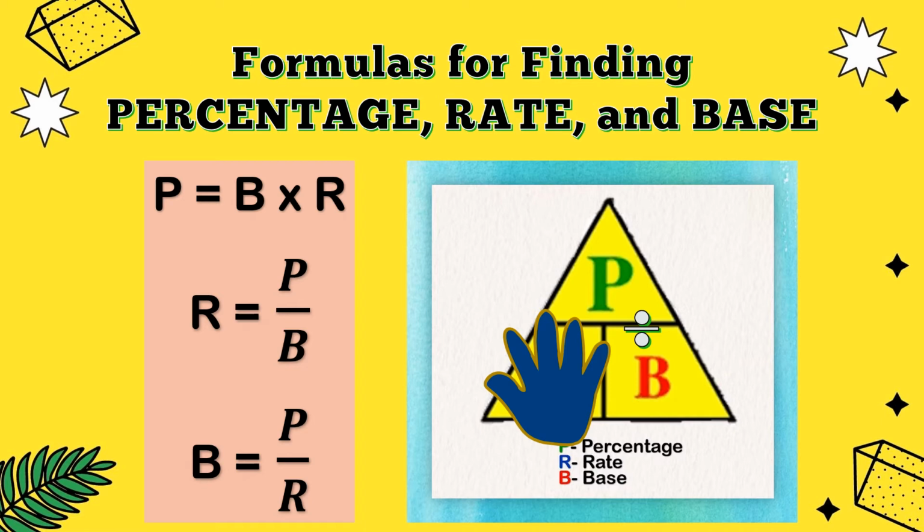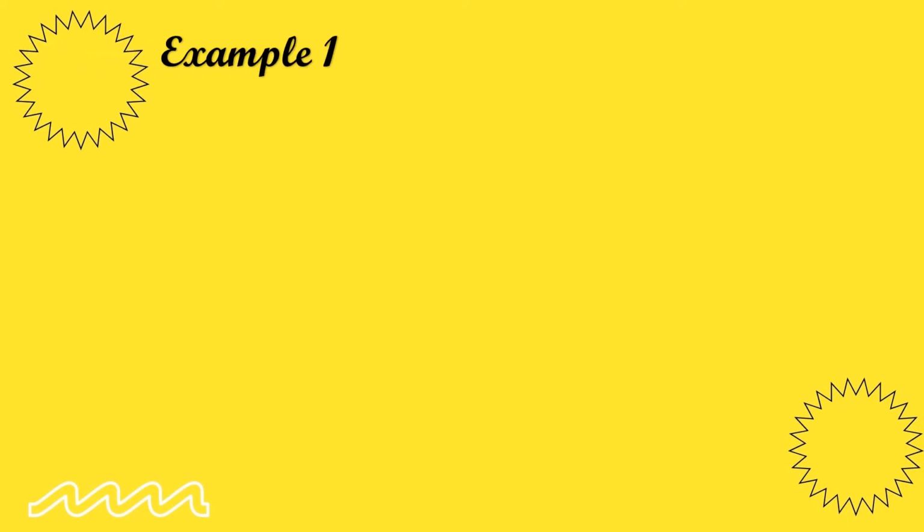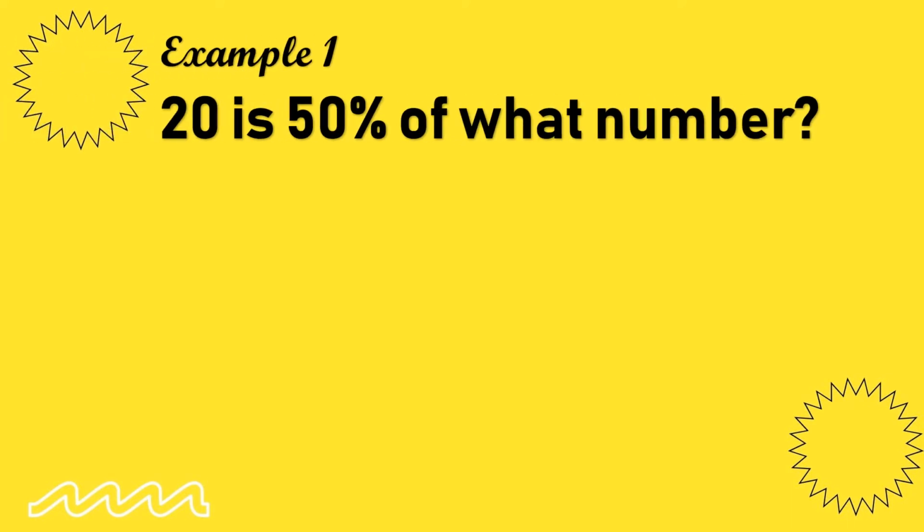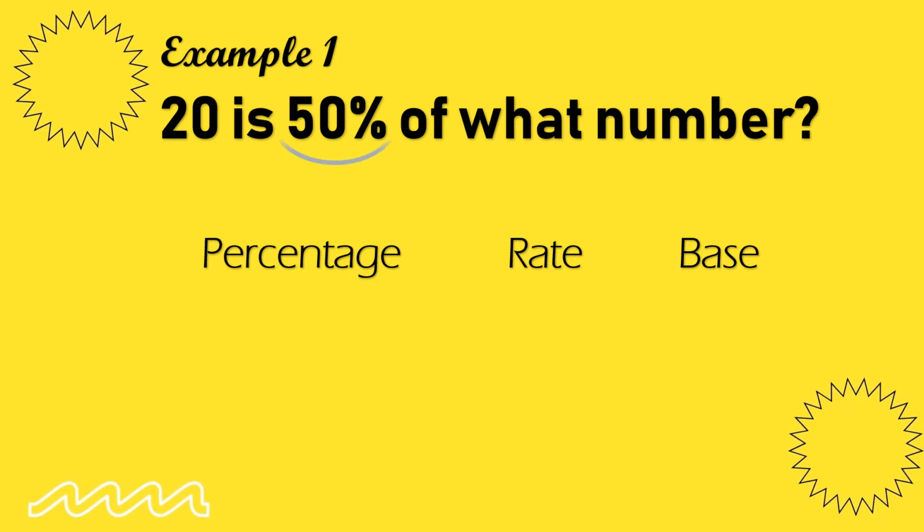Now, to illustrate the formulas, let's have some examples. Example 1. 20 is 50% of what number? The first thing we should do is to identify the three elements using the keywords. Always remember to look first for the percent sign. And when you see the number with the percent sign, automatically it is the rate.